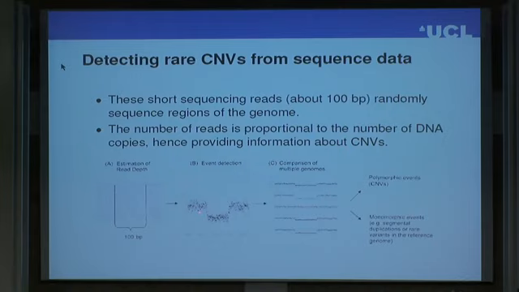So you look at those bins, you compute a normalized version of the number of reads in that bin, and you compare that to the expectation. When you have a drop here, it's probably because you don't start with 2 copies of the DNA, but only 1 copy of the DNA. Basically, the number of reads you get is proportional to the number of DNA copies you have in the first place. If you have 3 copies, you get more reads.